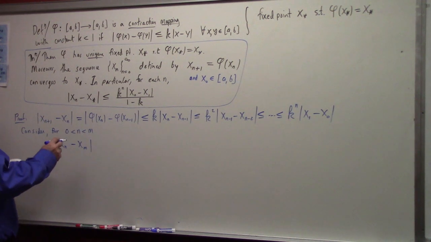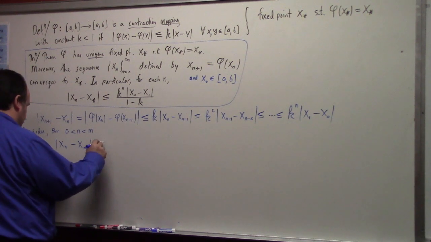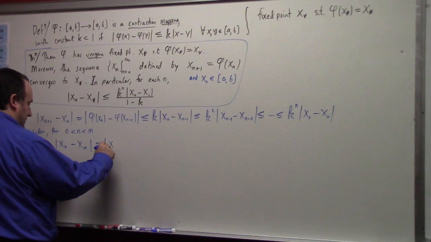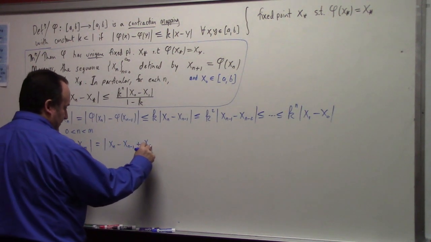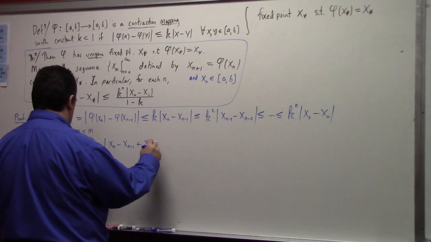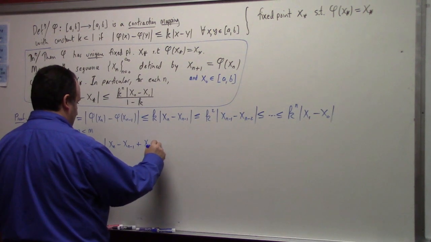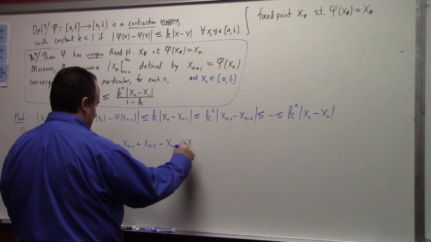Well, okay, so then this, by the triangle inequality, well, let me just first of all say that this is equal to what? This is equal to xn minus xn minus 1 plus xn minus 1, right? And then what I can do, what? Minus xn minus 2 plus xn minus 2, right?